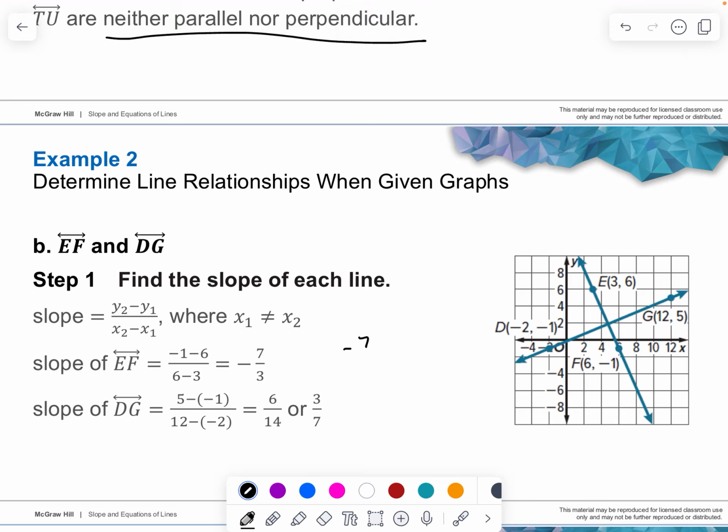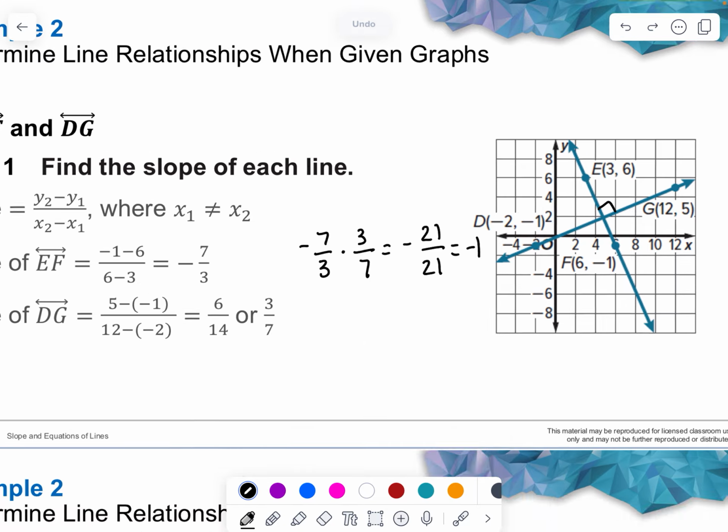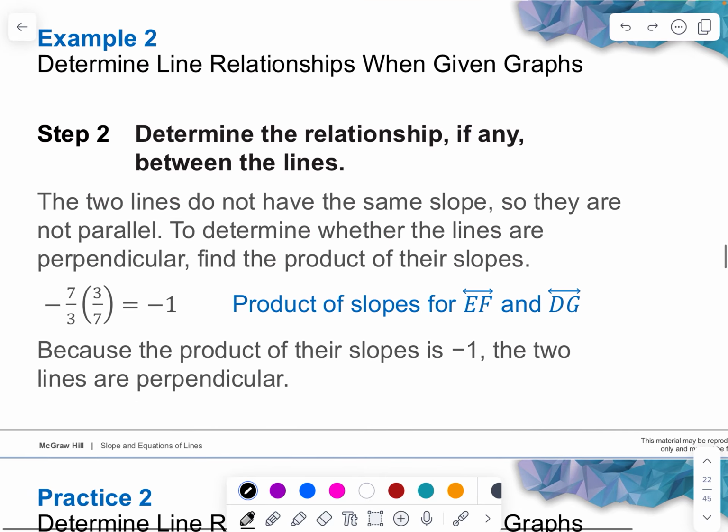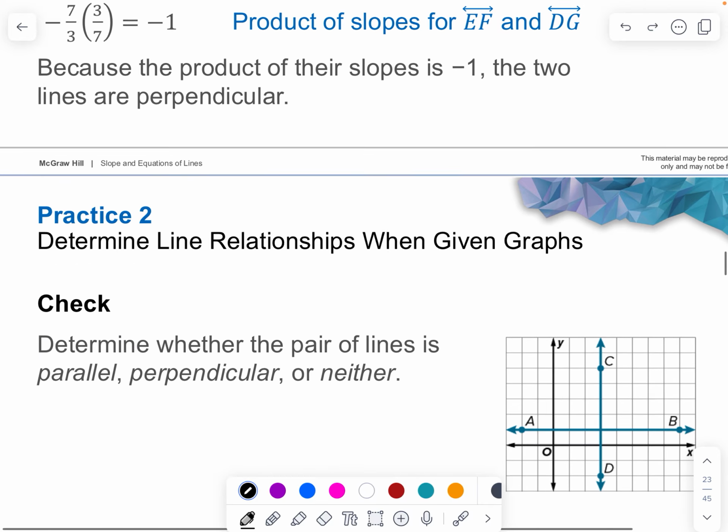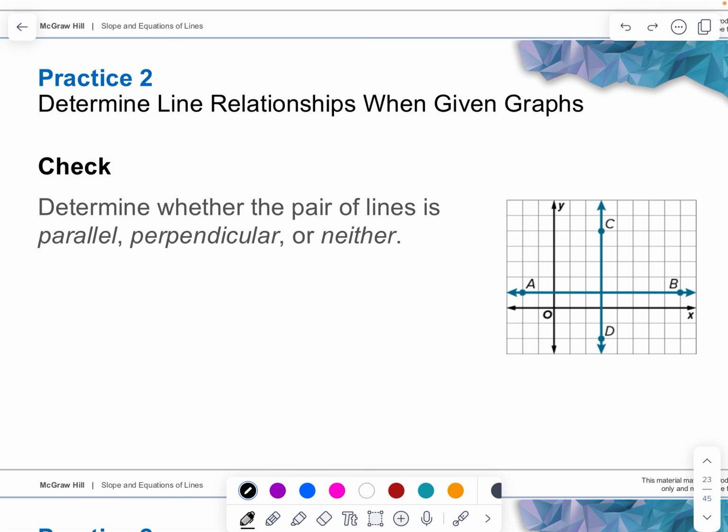And we could double check that. -7/3 times 3/7 is going to be -21/21, which is -1. So these are perpendicular. And you can tell by looking at it, it's not going to be parallel because we graphed it. Definitely not parallel. They are perpendicular. Okay.